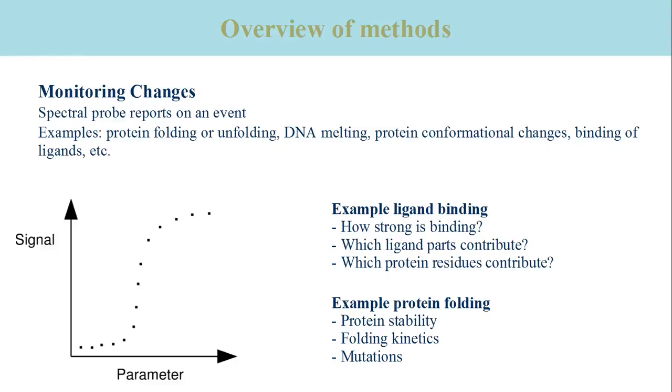This probe or reporter group can be an intrinsic group or can be introduced artificially. Examples for techniques used in this way are absorption spectroscopy, fluorescence, circular dichroism, and infrared spectroscopy.